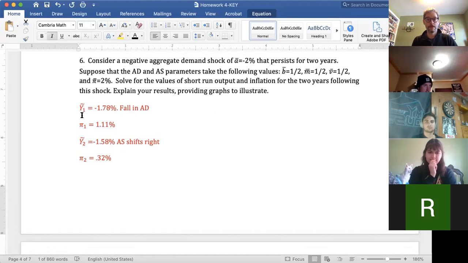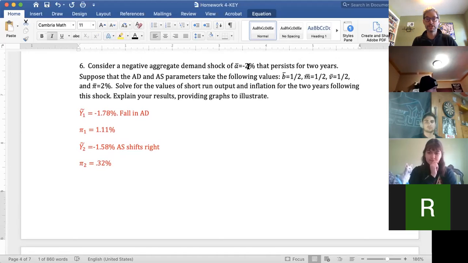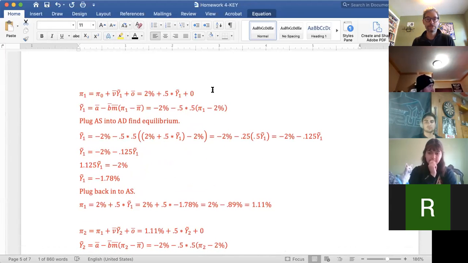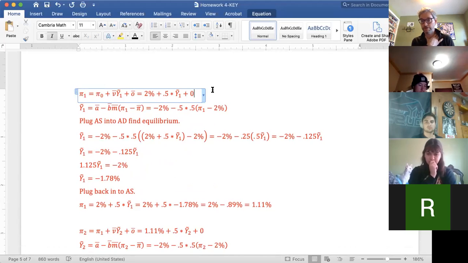The big thing that changes, though, is in the first 2 periods, you have to use an A-bar of -2%. Once again, I tried to send you all the math here so that you can look through this yourself and figure out what you did wrong. How I did this is first I begin with the aggregate supply equation. This first equation here is aggregate supply, where I plug in the numbers, but notice here I don't know what Y1 is.